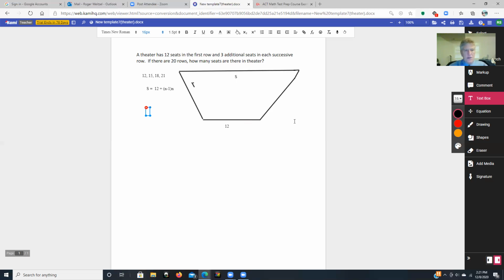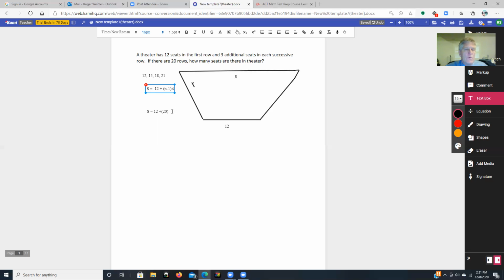This is S is equal to 12 plus number of rows is 20. I made a mistake here. I put the wrong variable in here. Okay.